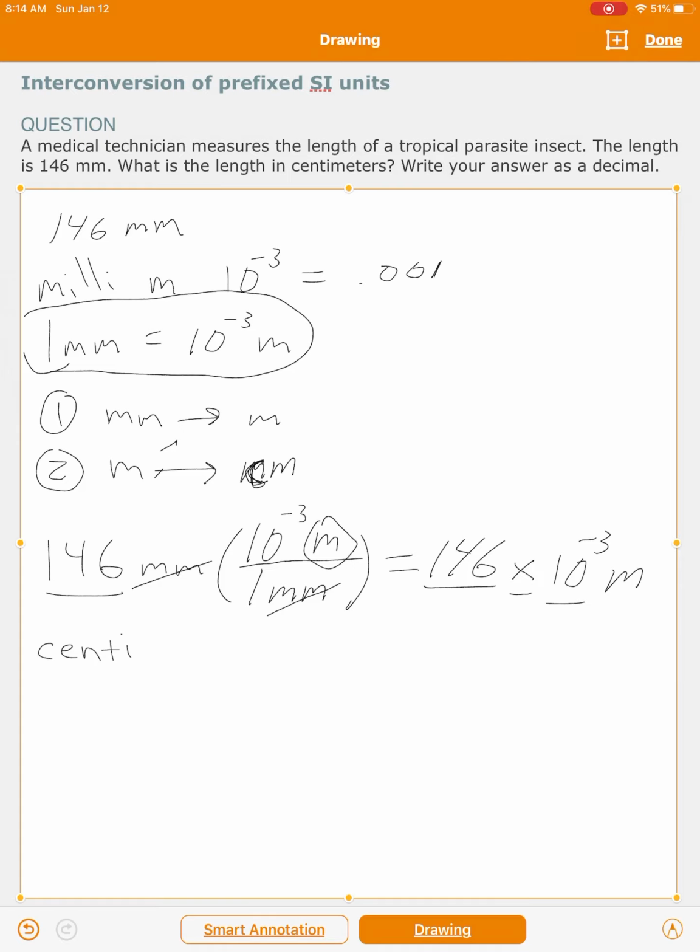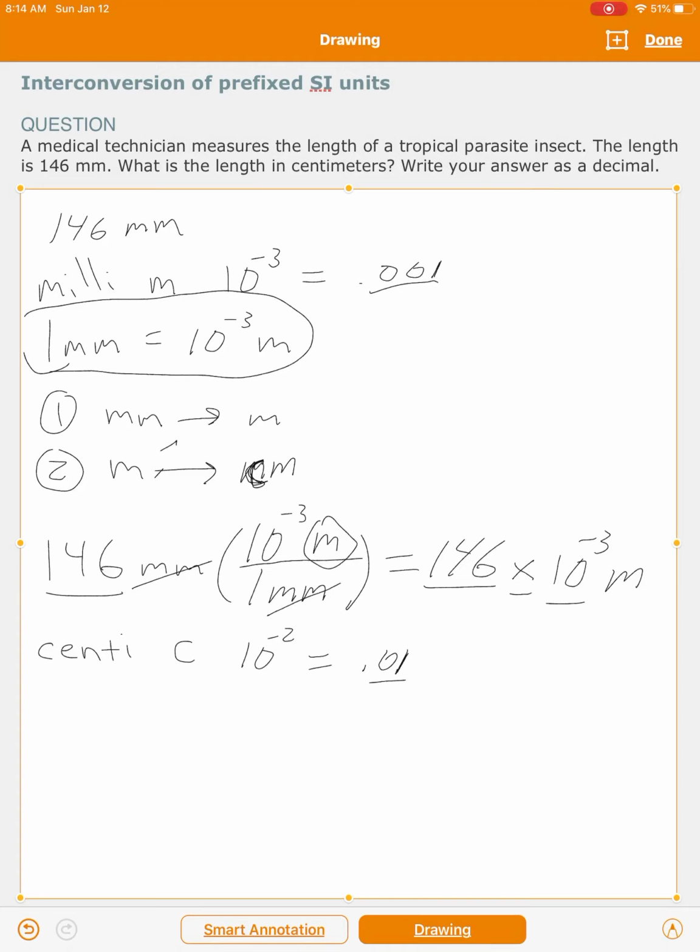And the symbol for centi is a lowercase c, and that's 10 to the minus 2. Again, I recommend that you memorize these prefixes, and 10 to the minus 2 is the same thing as 0.01. So if you look at centi, it's larger than milli by a power of 10.